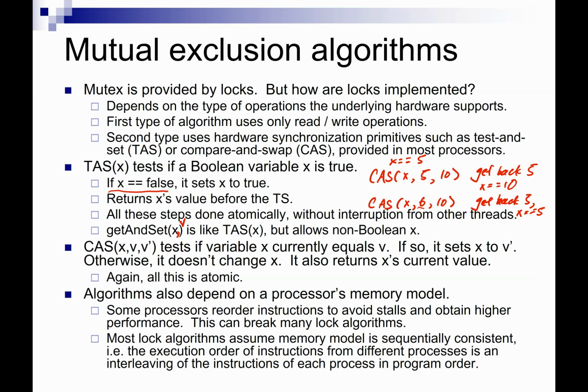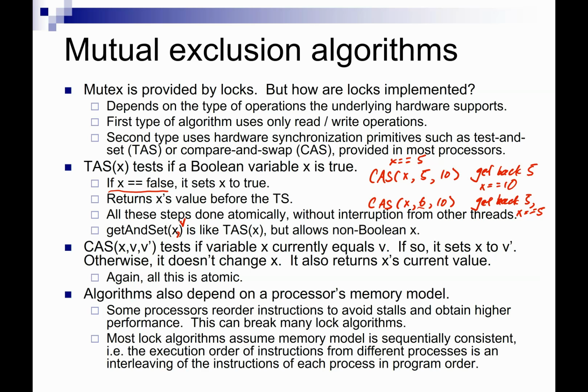Okay, so real processors do reorder instructions, but if your processor does that, it can actually break many lock algorithms, right? Meaning the lock algorithm works correctly if you don't reorder anything, but once you allow reordering, the algorithm can fail.